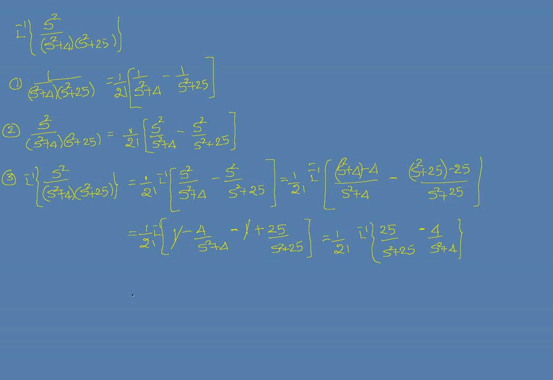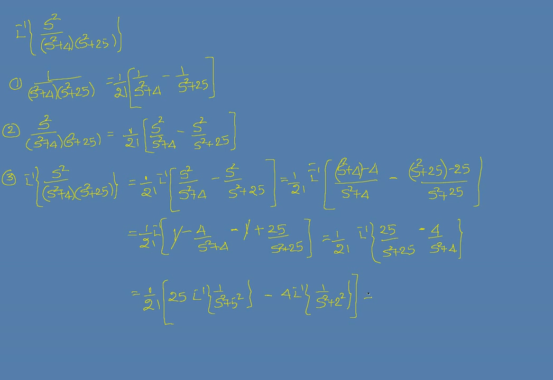So that is nothing but equal to 1 by 21 into 25 into L inverse of 1 by s square plus 5 square minus 4 into L inverse of 1 by s square plus 2 square.